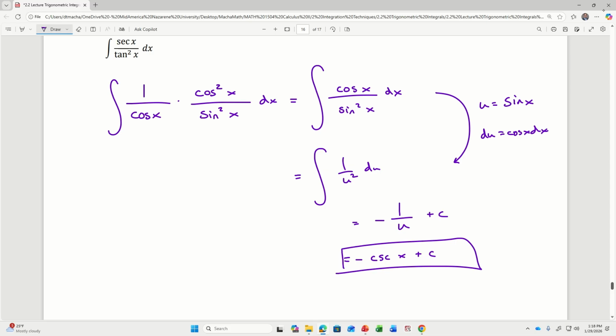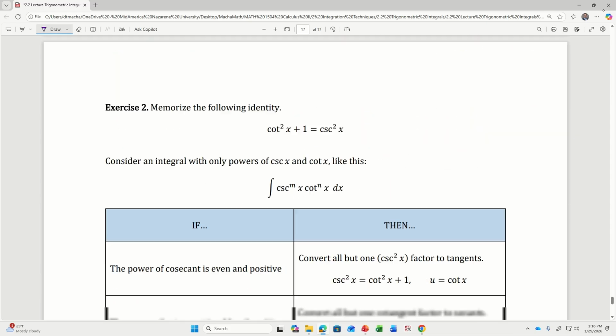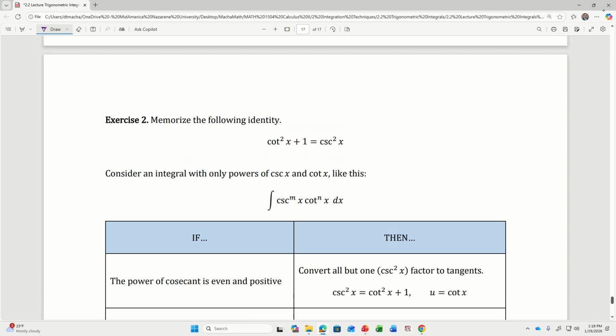The last thing I'll leave you with is the last page of your notes. If I had my plain vanilla Pythagorean theorem identity, and I choose to divide everything this time by sine squared, what I would get is this.